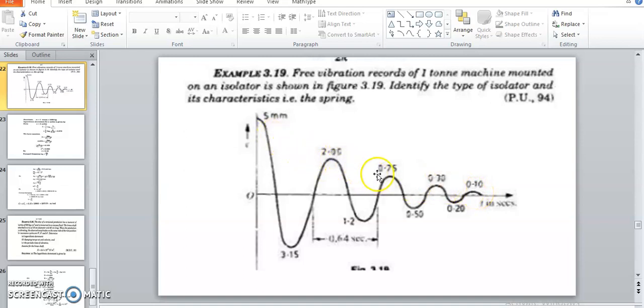So 4 cycles are completed here: x1 to x2, x2 to x3, x3 to x4, x4 to x5. The time period is also given as 0.64 second.